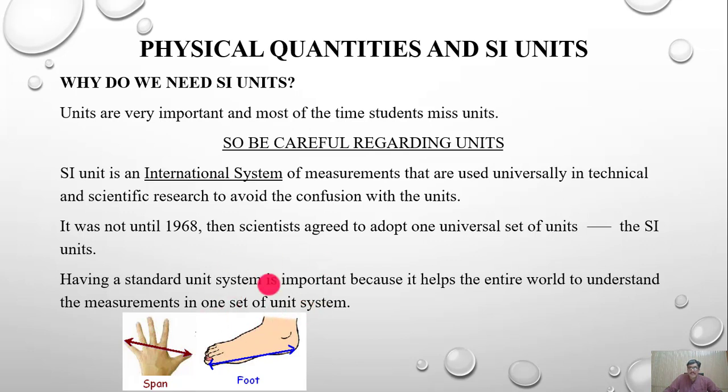To avoid such confusions, we adopted this international system, one set of unit system. It is very important so that the entire world can easily understand the measurement of objects. So follow SI units and never forget to write the units with physical quantities.